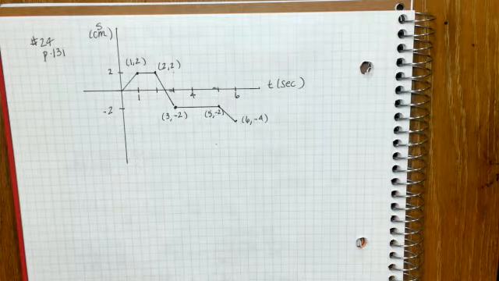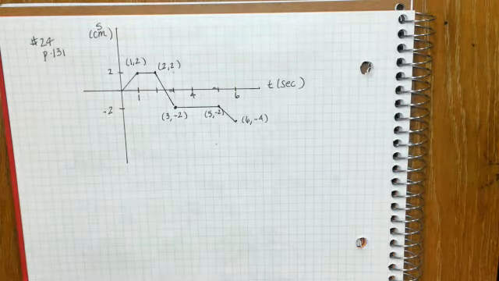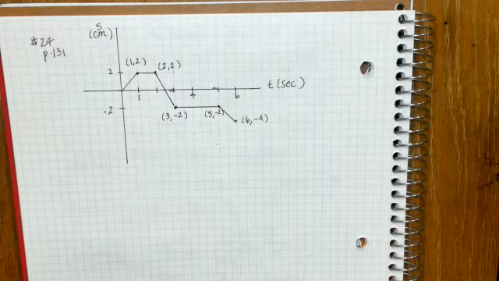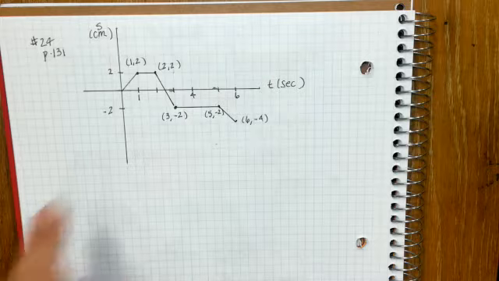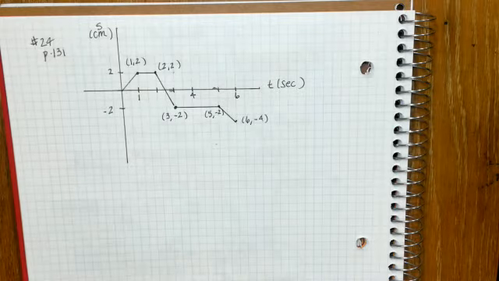The question says a particle P moves on a number line shown in part A of the accompanying figure. Part B shows the position as a function of time. I did not draw part A, it's just a number line.